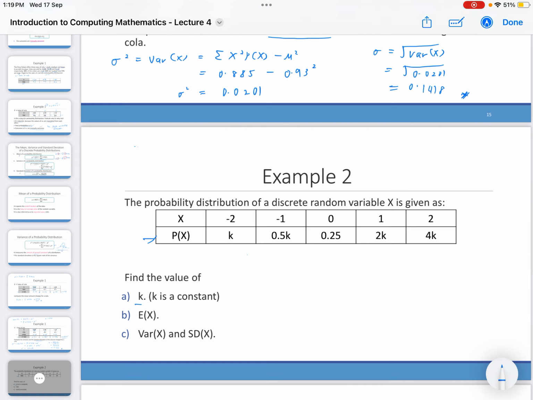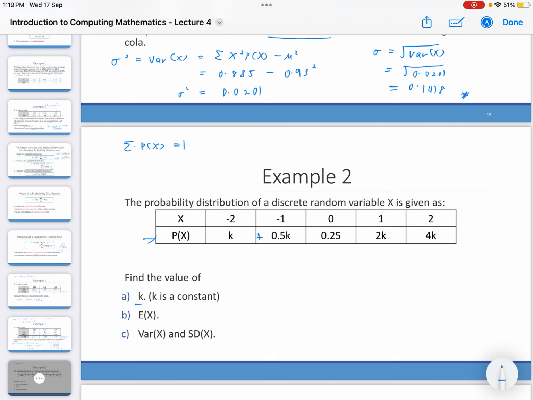So how to get this one? Remember, we know the total probability of a discrete probability distribution should be equal to 1. So the sum of P of x must be equal to 1. So to get k, we just add everything and set it equal to 1.